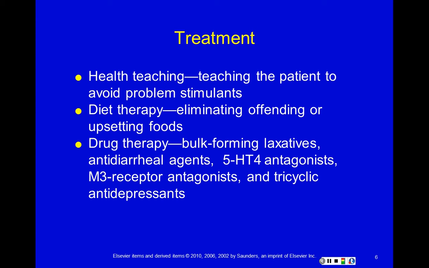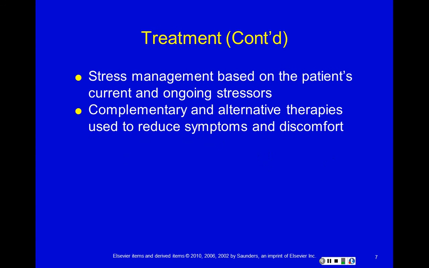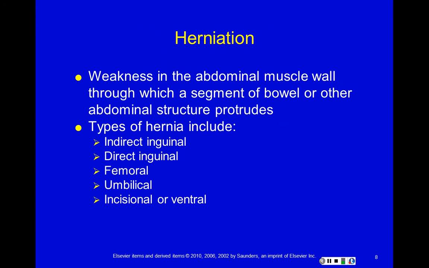And so this is also going to help with diarrhea. Again, stress management is going to be important in helping this person to alleviate the problems with the irritable bowel syndrome. Complementary and alternative therapies may be used to reduce stress and the symptoms and discomfort of irritable bowel syndrome.